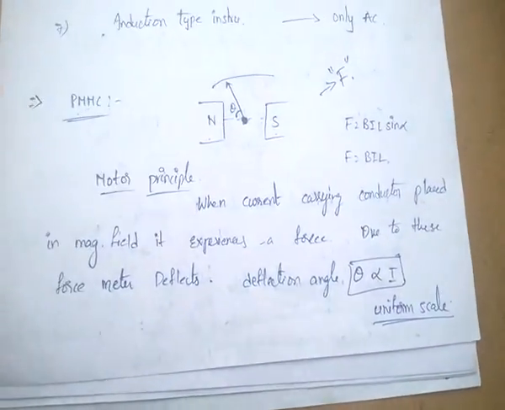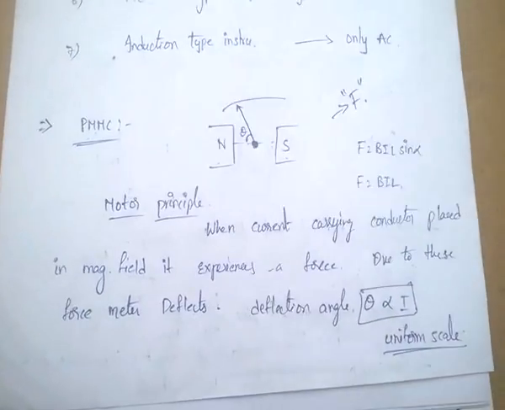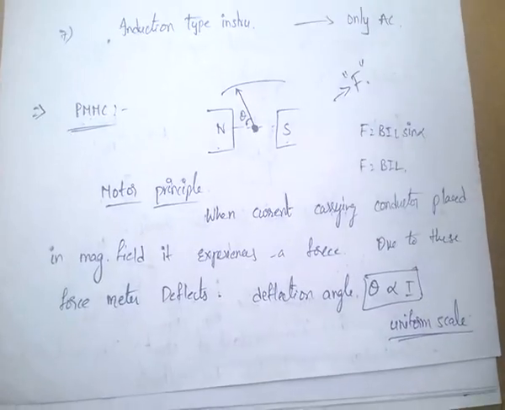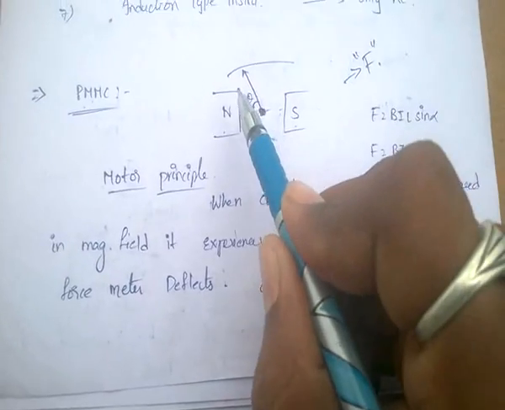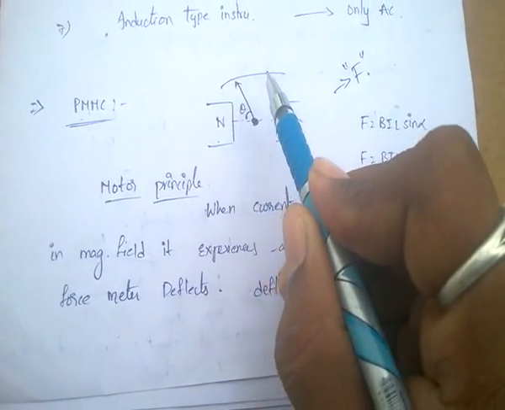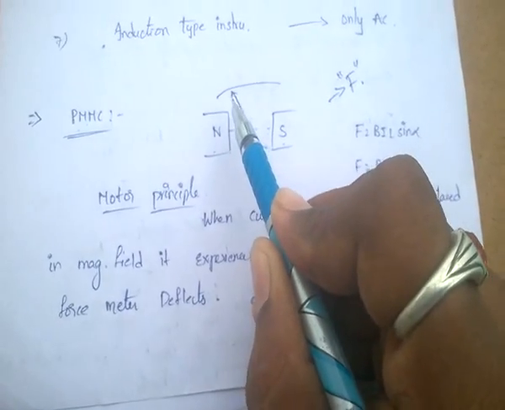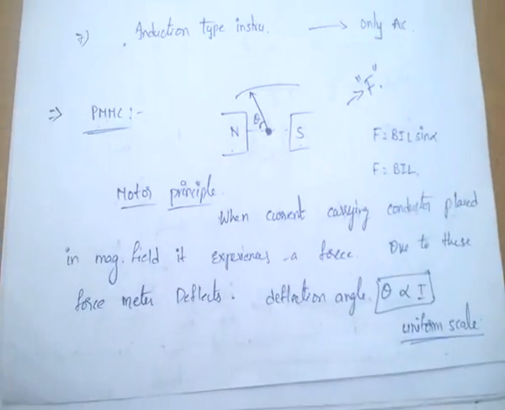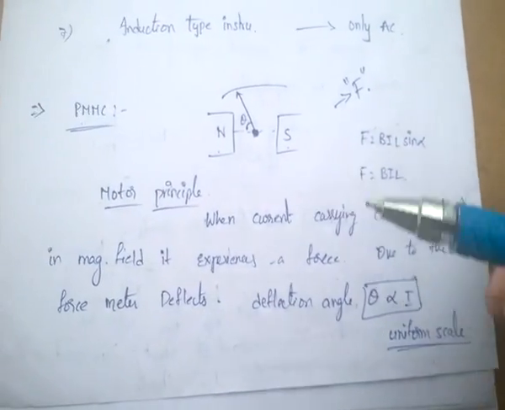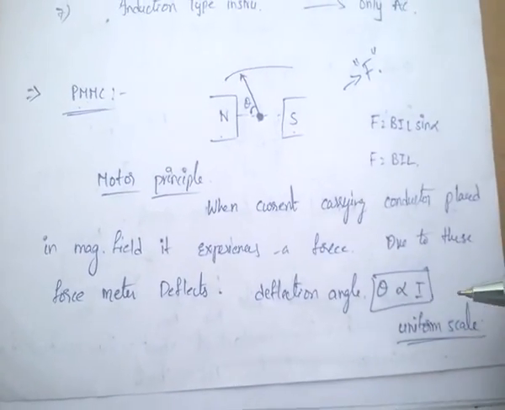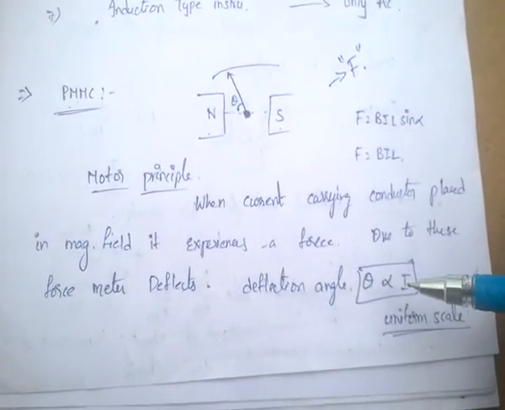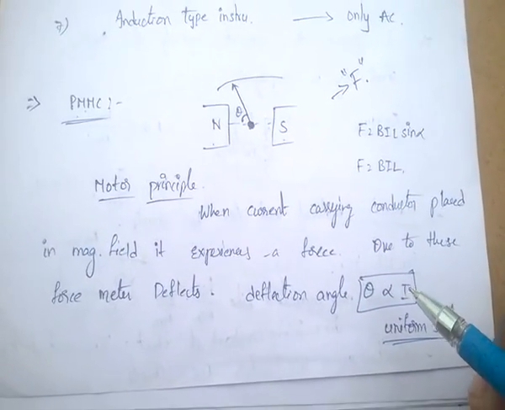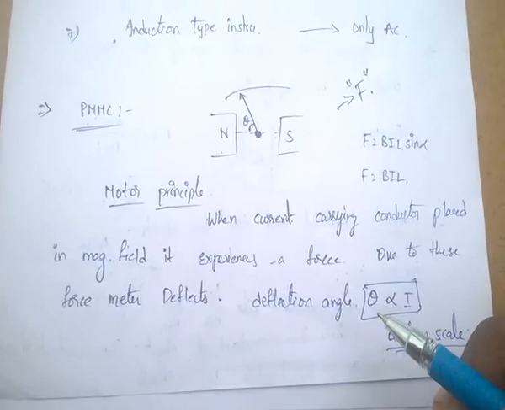As the current level increases, the pointer angle also increases. In this way the PMMC works. So for PMMC, deflection angle theta is proportional to current, that is a uniform scale.